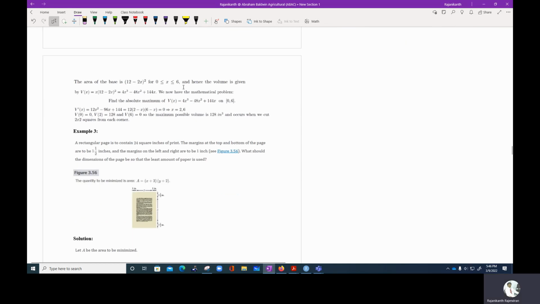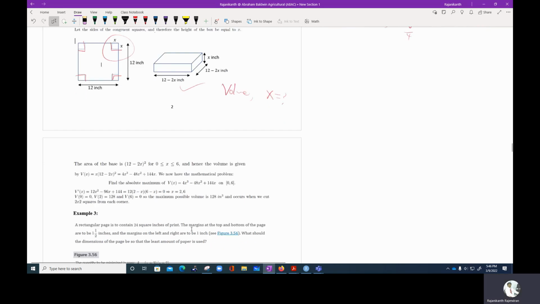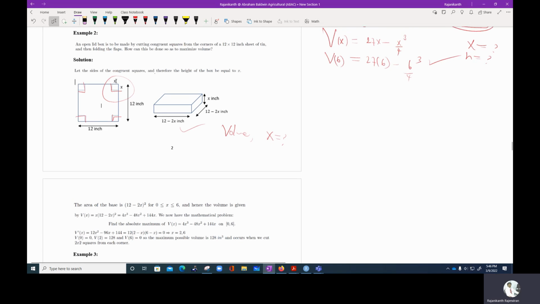So again, the same thing. Remember, x is supposed to be less than 6, because if x were more than 6, then how could you make a box? Because the maximum length is 12. So if you cut 6 from both ends, you will get nothing, right?